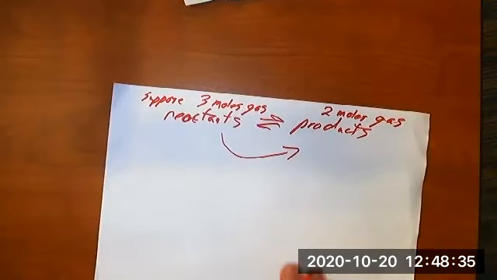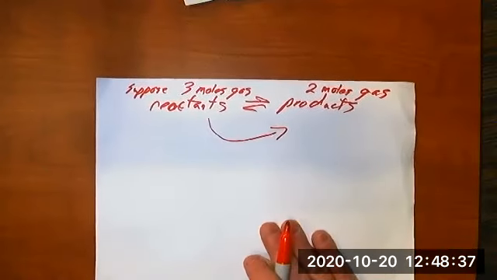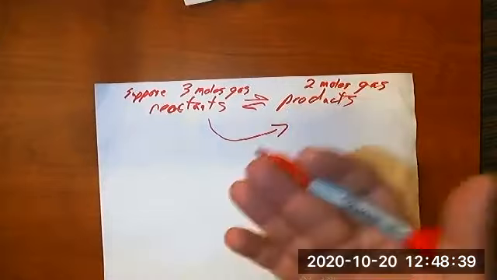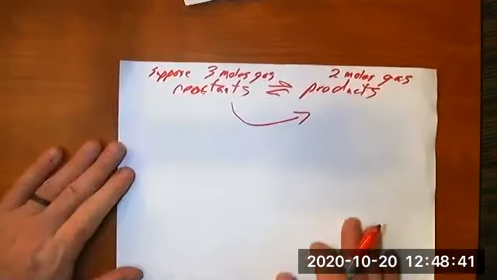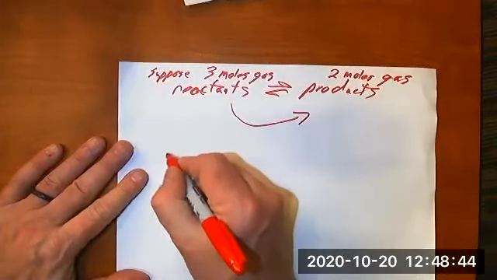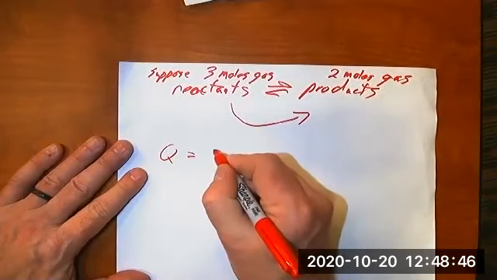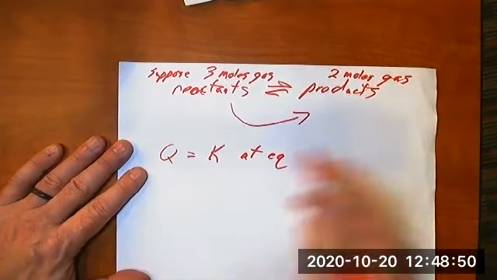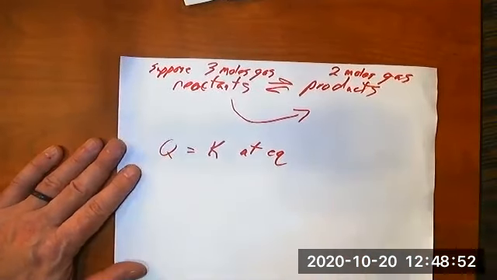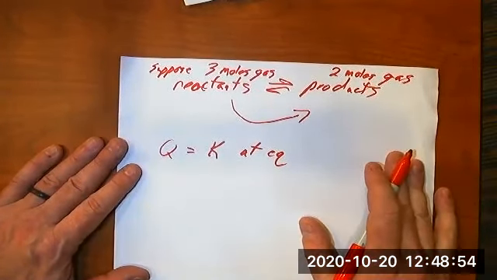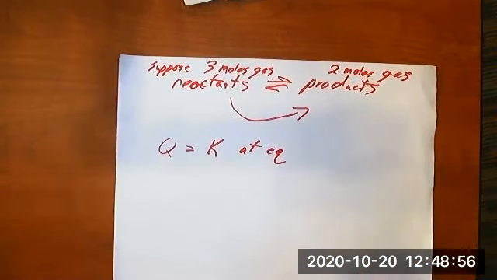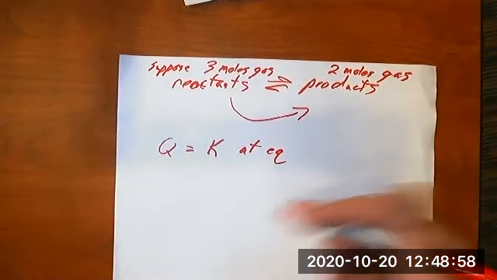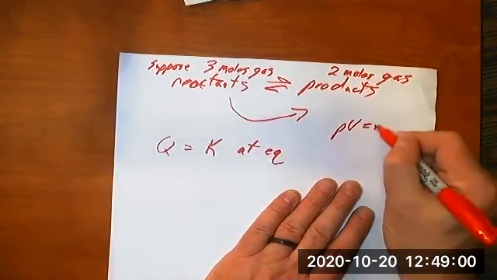Okay. The way to see that in terms of the reaction quotients like we were talking about before is that if we start at equilibrium with Q equals K, and then we do something like double the pressure. So we halve the volume, which doubles the pressure. Remember, PV equals nRT.